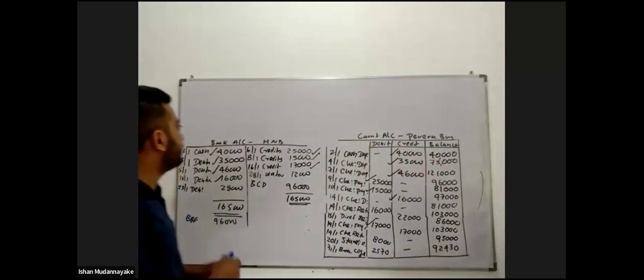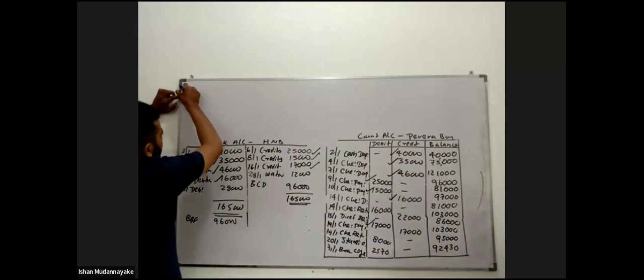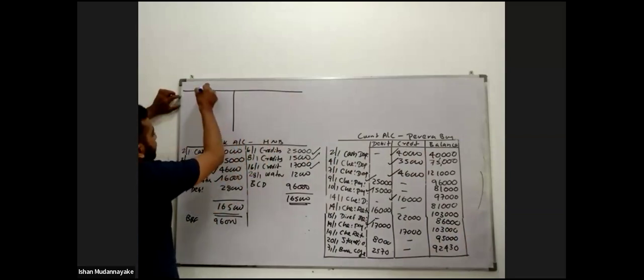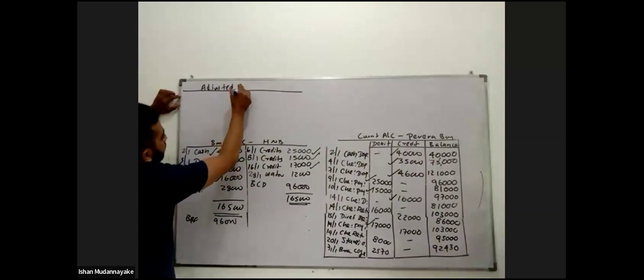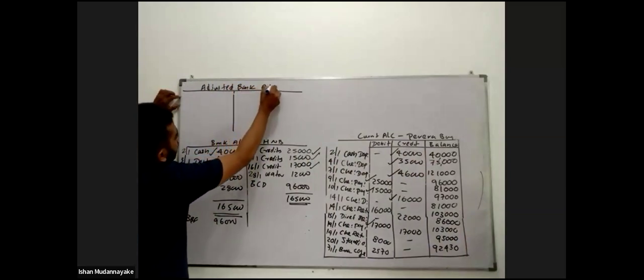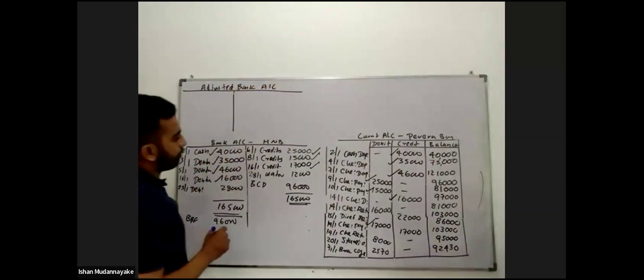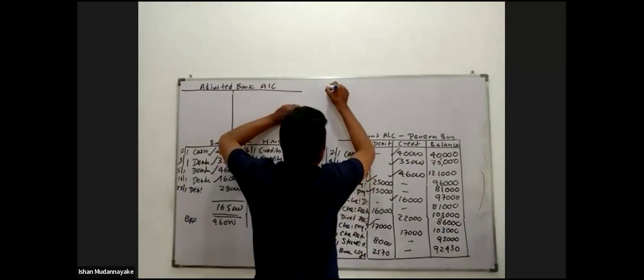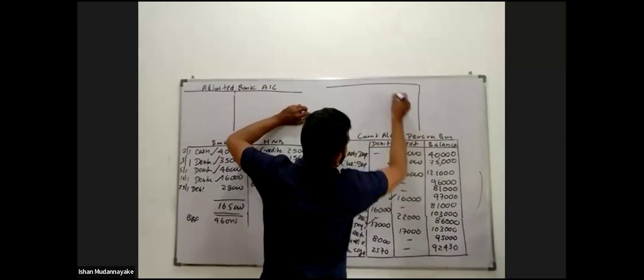I will prepare here the adjusted bank account. Adjusted cash book is the same, but I will record it as adjusted bank account for understanding purposes. And then here I will do the bank reconciliation statement.